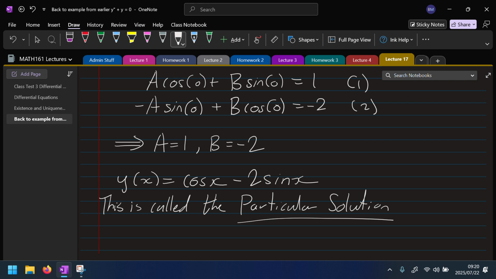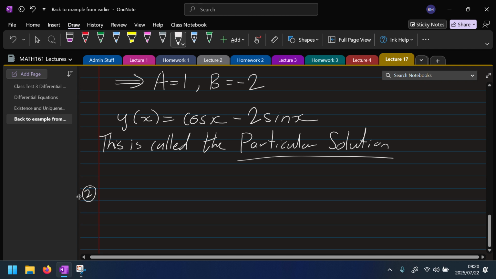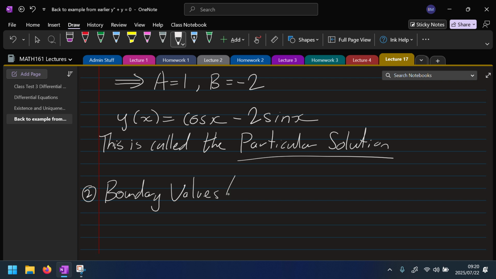Next, we have boundary conditions. So very similar idea to initial conditions. We need to be provided with some pieces of data, so 2 of them for second order, and that will allow us to solve for A and B. So number 2, boundary values, or you might see this as boundary conditions. It's just wording, but boundary values, boundary conditions, you might see it like that.